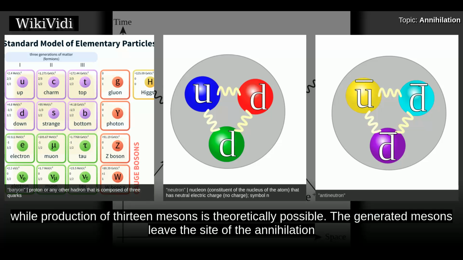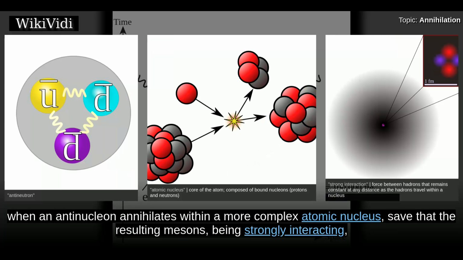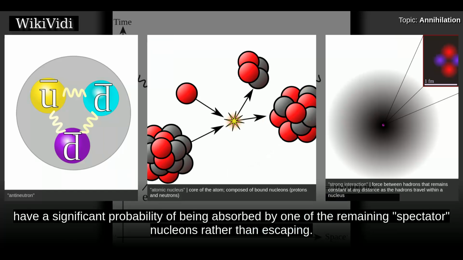The generated mesons leave the site of the annihilation at moderate fractions of the speed of light, and decay with whatever lifetime is appropriate for their type of meson. Similar reactions will occur when an antinucleon annihilates within a more complex atomic nucleus, save that the resulting mesons, being strongly interacting, have a significant probability of being absorbed by one of the remaining spectator nucleons rather than escaping.